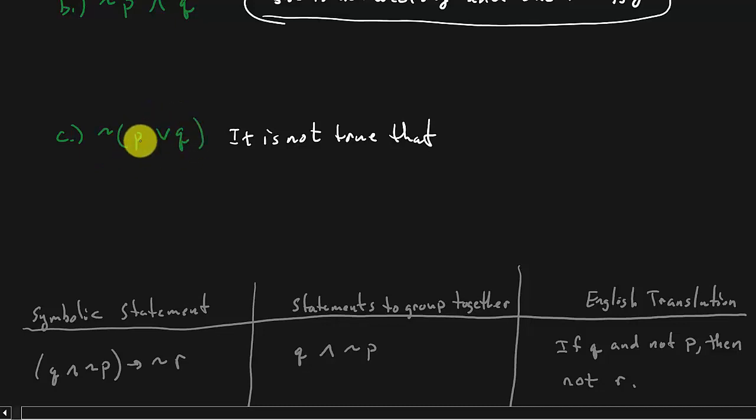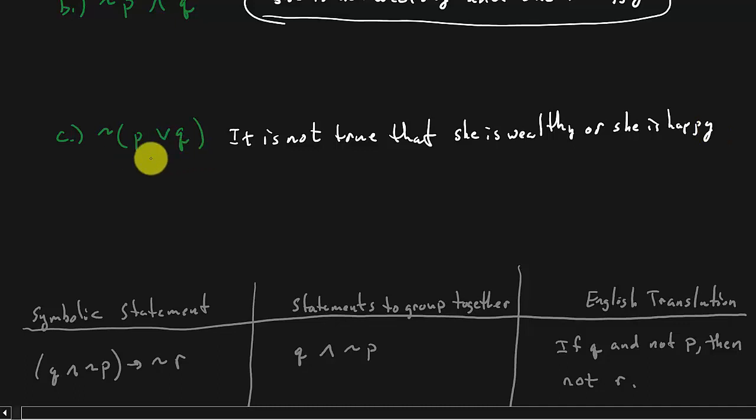And then what do we have in here? P or Q. So that is she is wealthy or, and then Q, she is happy. So I just sketched out what that's saying.